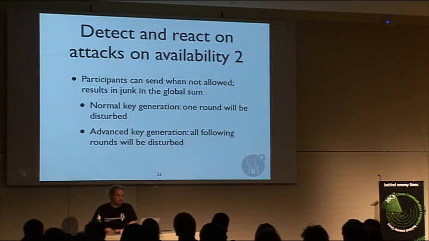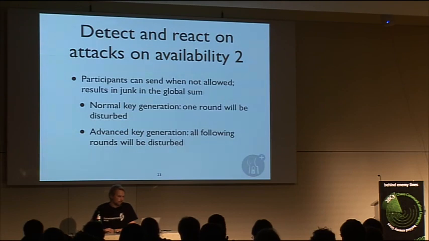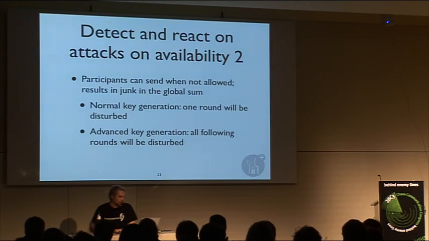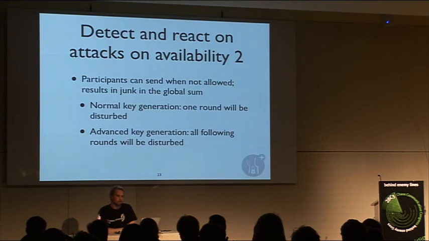And as I just stated, this will cause junk in the global sums. If we have normal DC keys, like in the animation that you just saw, then just one round is disturbed. But if you use those advanced key generation mechanisms, the following rounds will be disturbed as well.